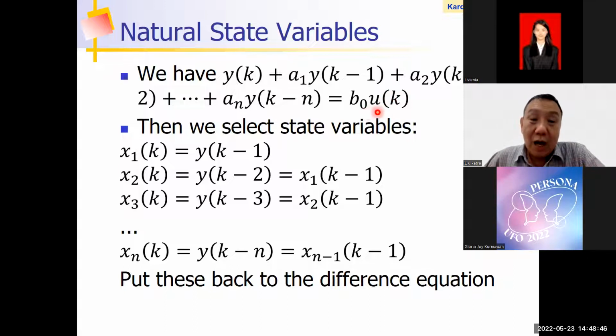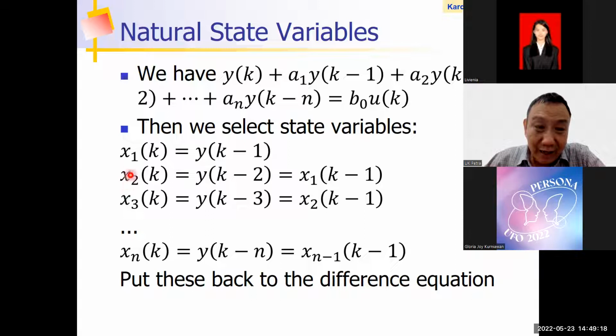So how do you select state variables? How do you create the state variable? Remember, the y and u are given. Now you want to create the x. So you select this way: x1 equals, remember the highest is yk, so you put yk minus 1.